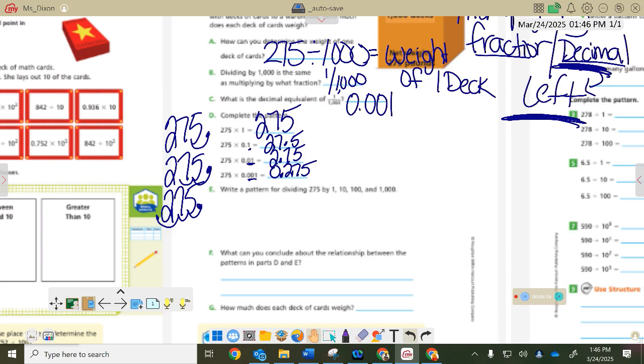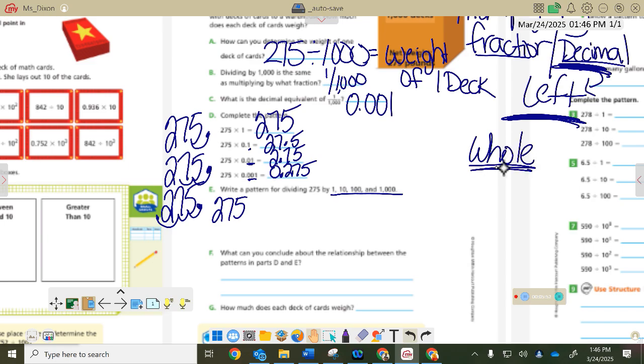Now we write the pattern if we were multiplying by whole numbers. That's 275 times 1. Again, the identity property says that is 275. 275 times 10. We are multiplying now by a whole number.